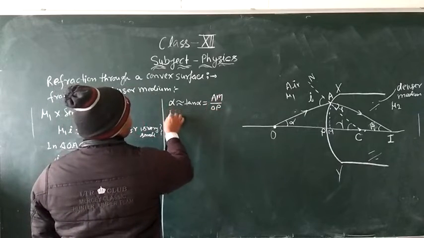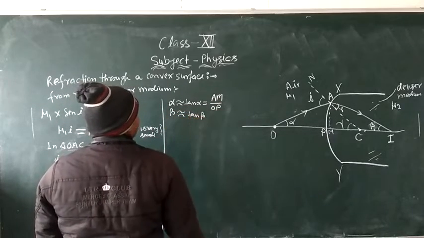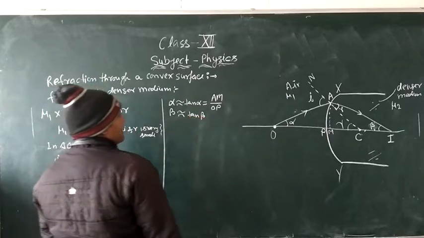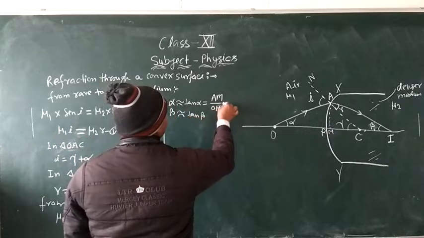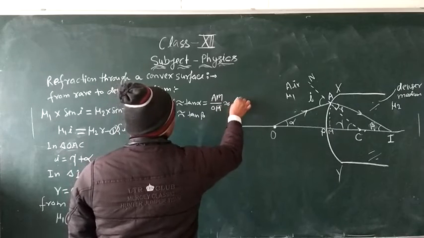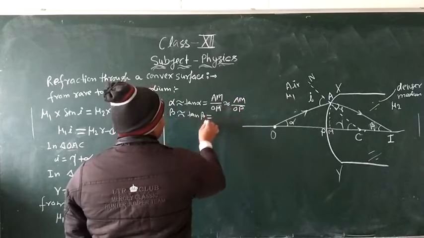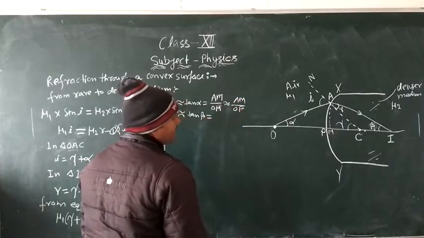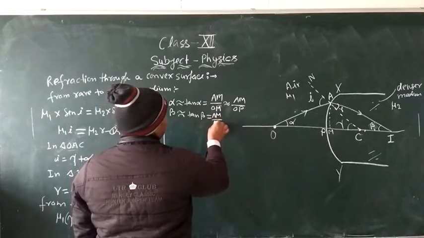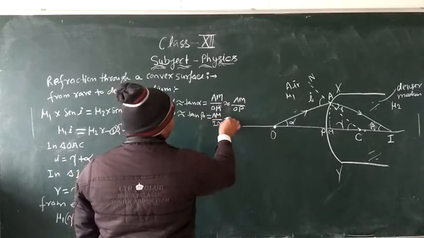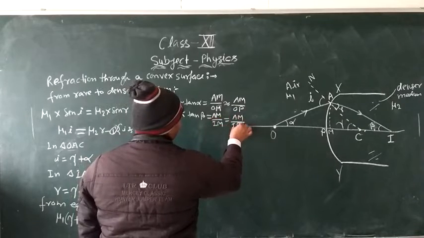Beta is nearly equal to tan beta, which is AM upon IP.